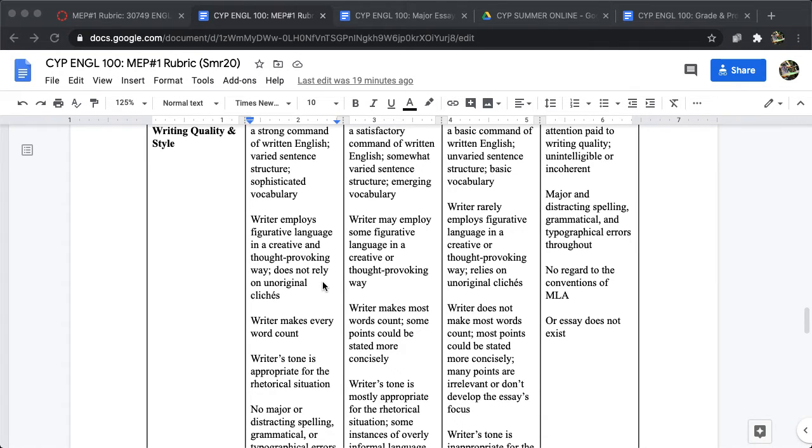It does not rely on unoriginal cliches. So an example of figurative language is what we would call metaphor. A metaphor is something that we use to make comparisons to help people understand things in a different way.